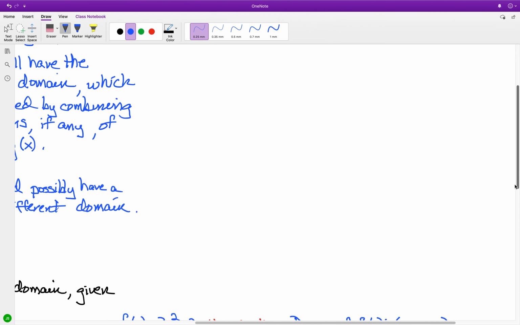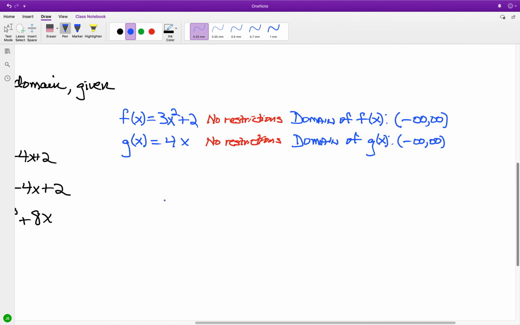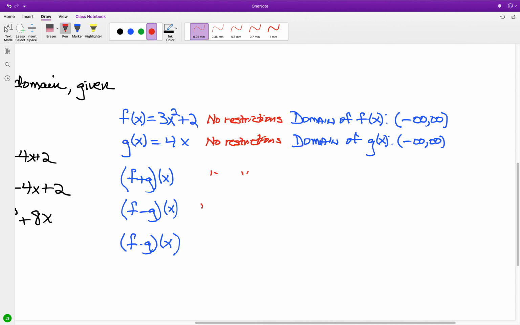So for the sum, difference, and product functions, we're not going to have any restrictions. It's going to turn out that for these three operations, the domain is the set of all real numbers.